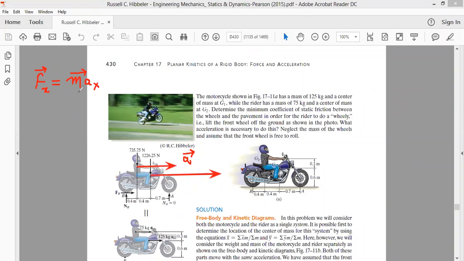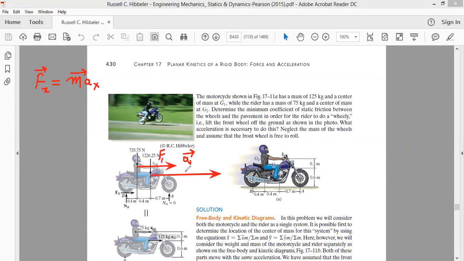And we know by Newton's law, force is the product of mass and acceleration. Since the motorcyclist is having some mass and some acceleration, there will be some force acting on the motorcyclist in the direction of its acceleration. In the same way, since this motorcycle is having some mass and acceleration a, it will also have a force acting on it.